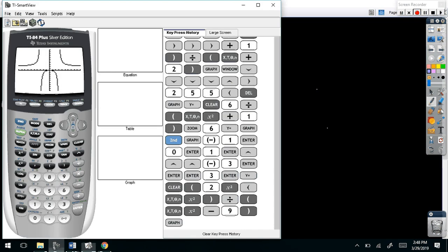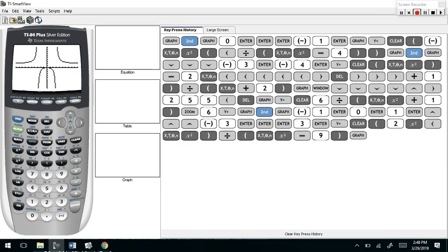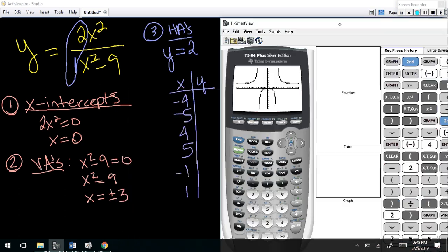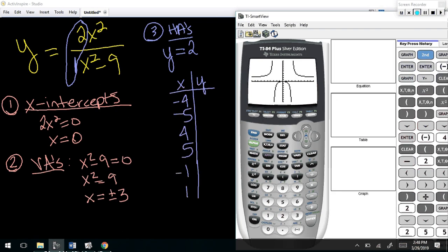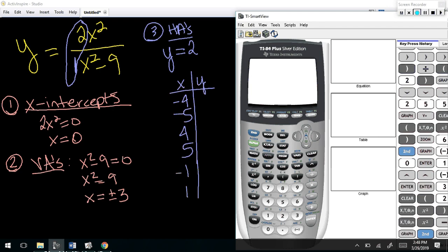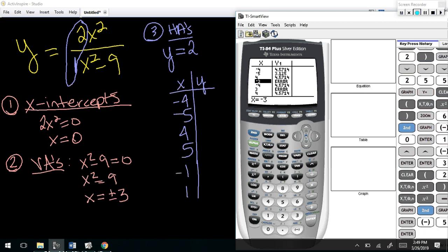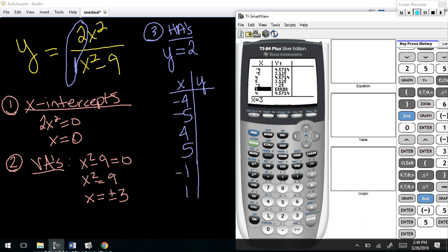All right. Let's find these points. Let's do -4, -5, 4, 5. What do you notice? What else do you notice?